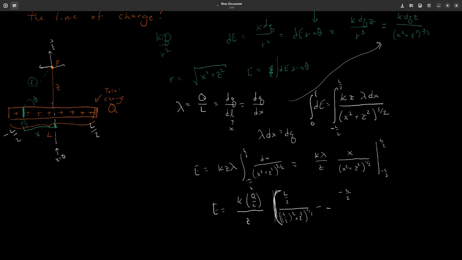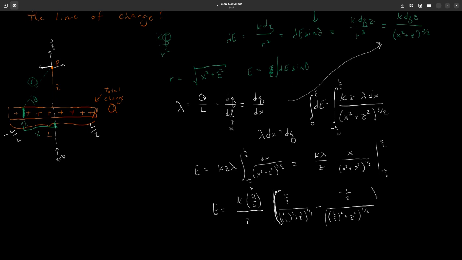So we're going to end up with a positive here. That's good, because this equation is symmetric, because our system is symmetric, and therefore we should get 2 times the total value, which we expect. So it's good that we see that come up. And then we're going to do an L over 2 squared plus z squared to the 1/2.